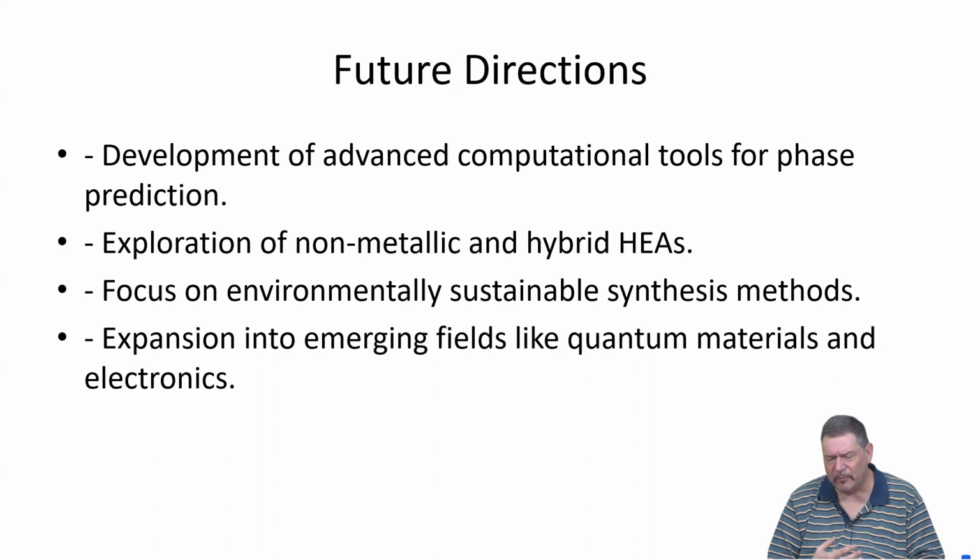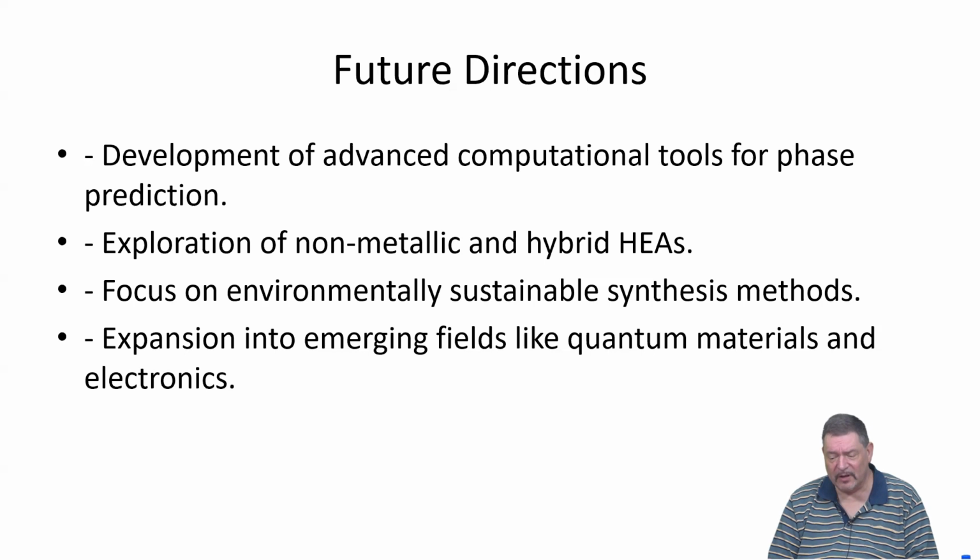Then I think there is a huge open field where non-metallic materials, and maybe composites of metallic and non-metallic hybrid high entropy materials, could be of much use. I think so far nobody is really exploring this. Then obviously sustainability, also in synthesis, is a big issue.